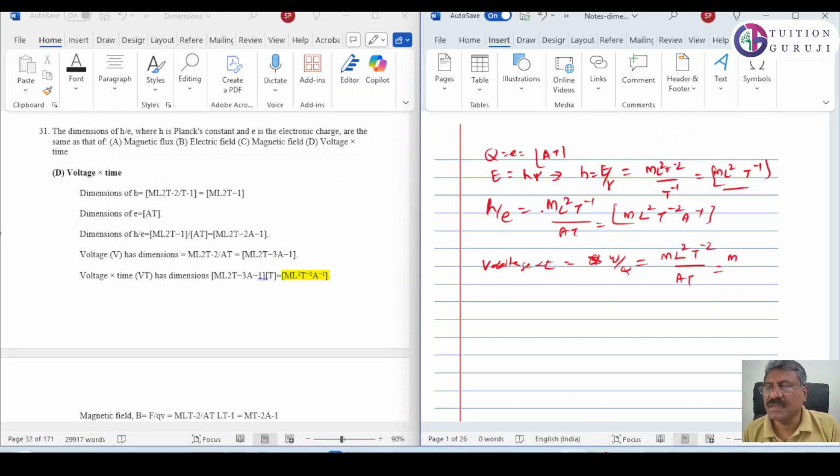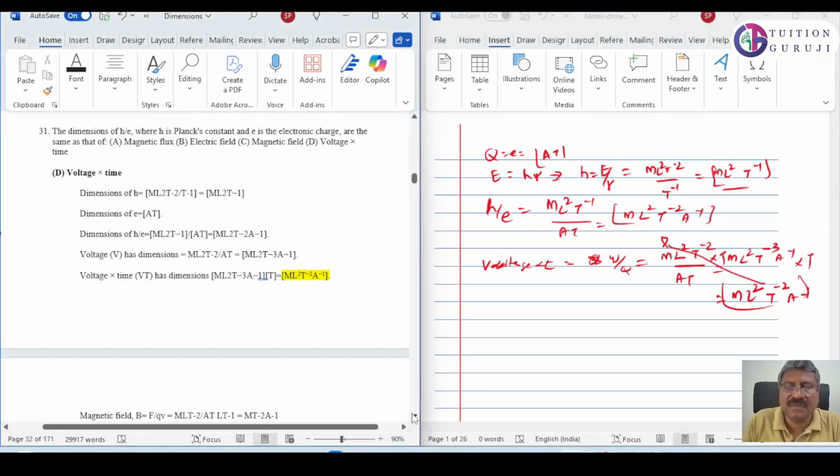So what we will get? ML²T⁻³A⁻¹. So into time means it is into T. Okay, so ML²T⁻²A⁻¹. It is the same as this H by E. Okay. Next one.